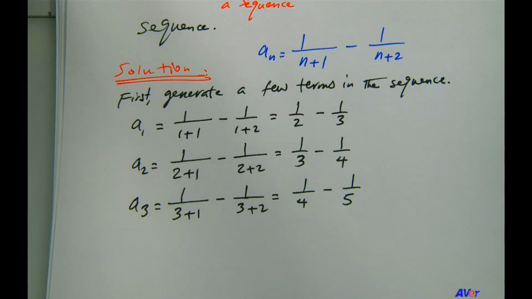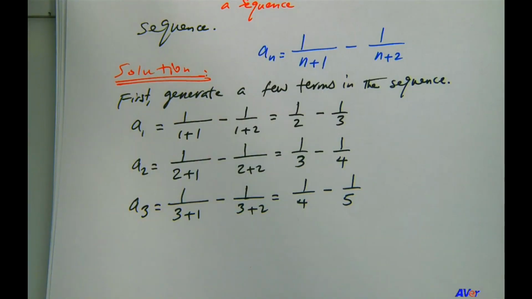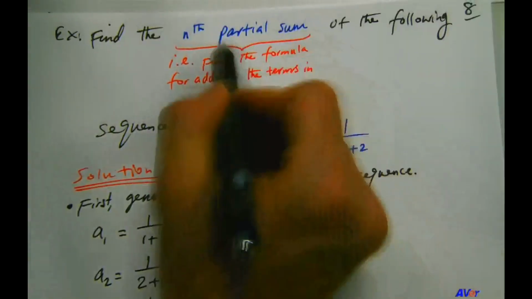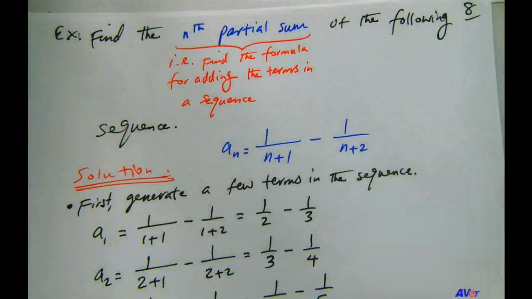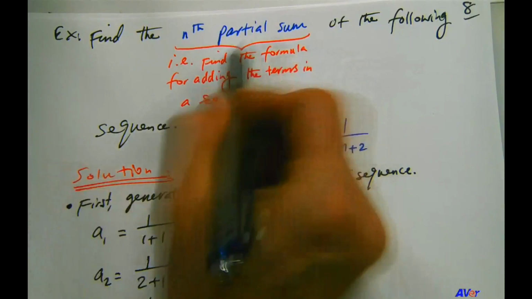So now that we have a few terms from the sequence, let's calculate. That's the first thing we do. Second, let's calculate the partial sum. That's what they want, right? Find the nth partial sum. But the nth partial sum means find the formula for the partial sum.